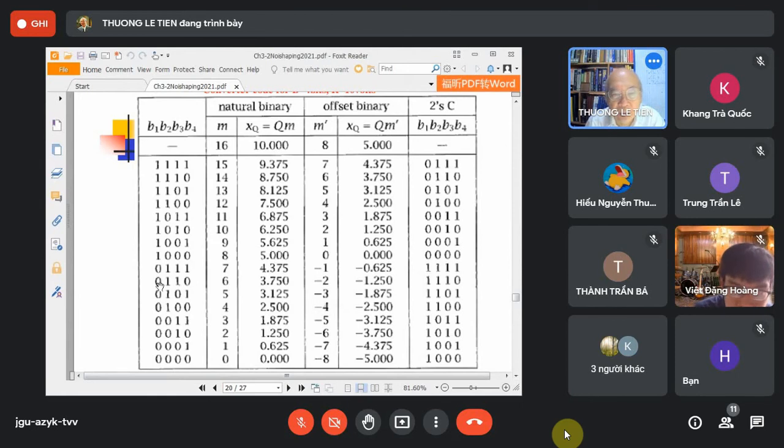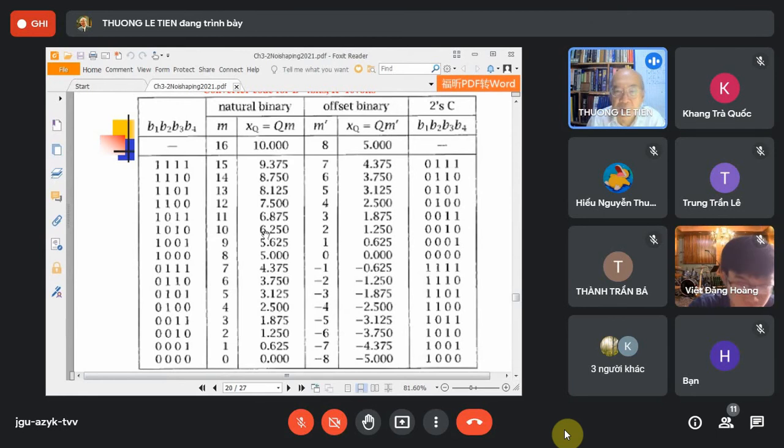And straightforward, we can work out the two's complement by taking the complement of the MSB. That means corresponding to 1, 1, 1, 0. Or we can look at the right-hand side, 1, 1, 1, 0. And it is not applicable to the case of natural binary.